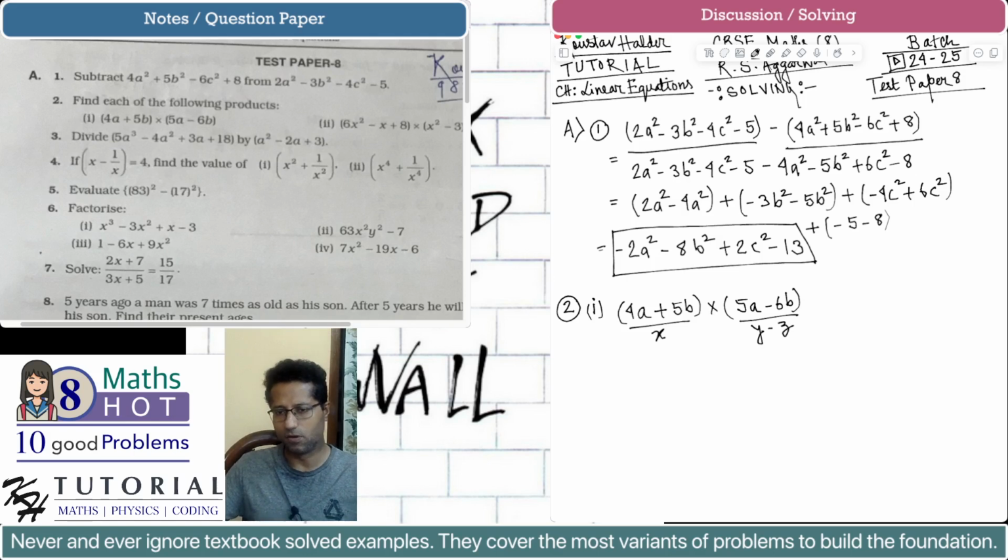But while solving this problem on your board, in your exam, definitely you will not write this x, y, z. And the distributive law of multiplication over subtraction is that if you have x multiplied by y minus z, this is equal to x multiplied by y minus x multiplied by z.